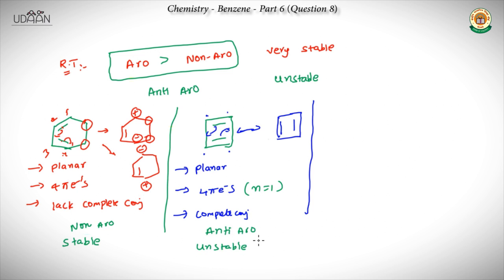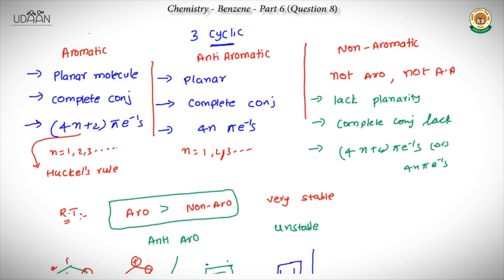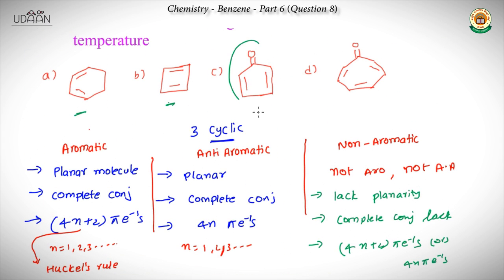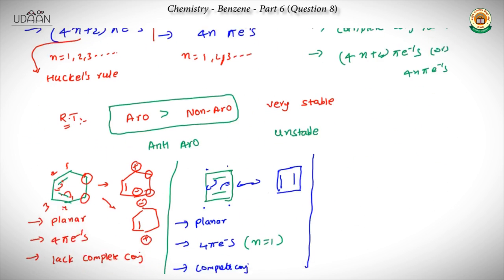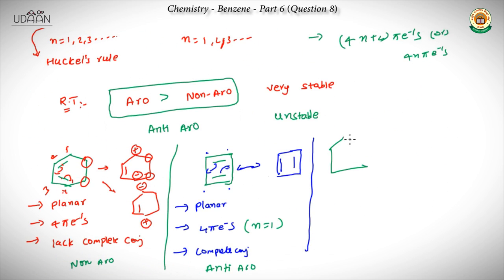Now let's look into the third part where you have this compound, this one, 2 double bonds and a double bond O. Now it is planar, and just by looking at it one may think that there is no conjugation in it because this carbon atom appears to lack conjugation.